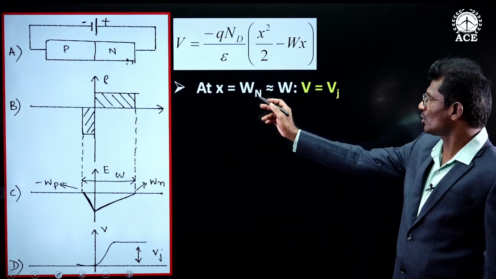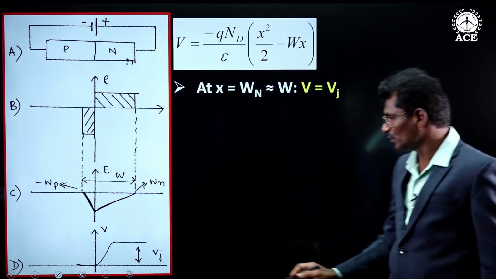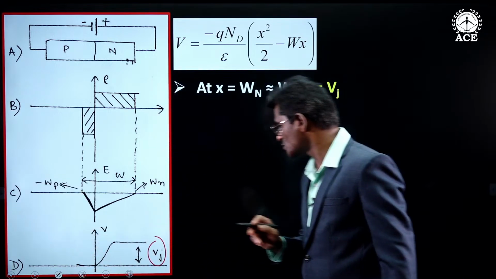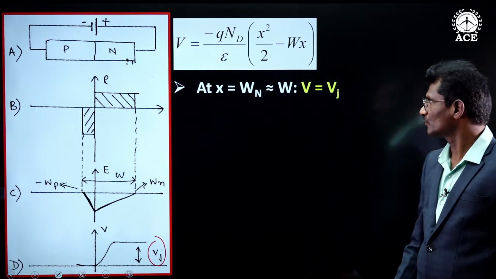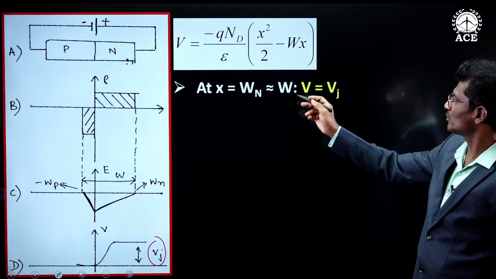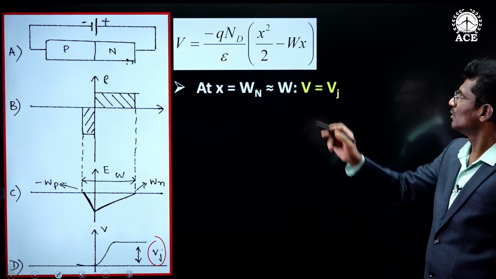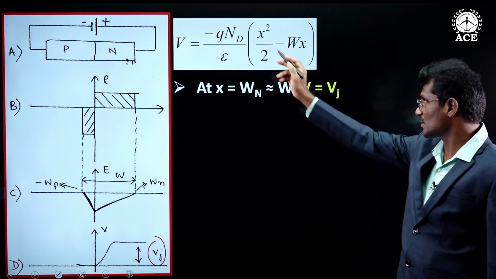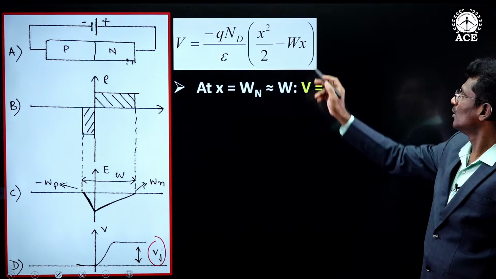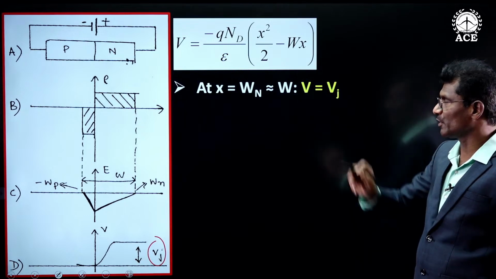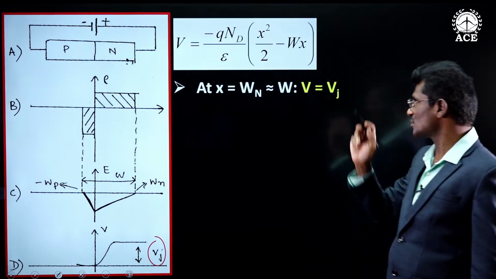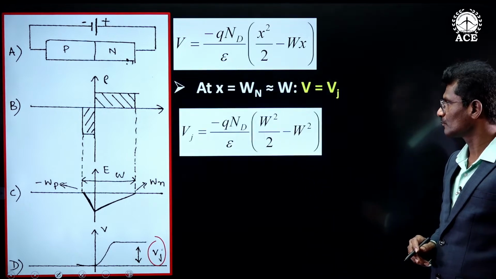Now at x is equal to Wn, approximately W, I just stated that the junction voltage is given by Vj. Now we will substitute this into this equation. That is, x is replaced by W, so this becomes W square by 2, and V is replaced by Vj.